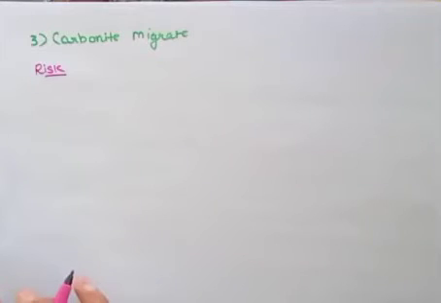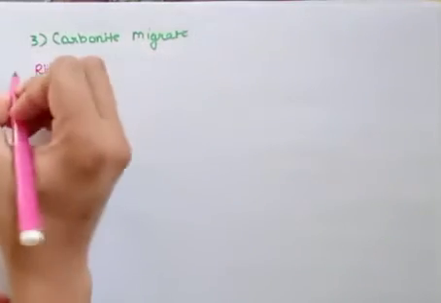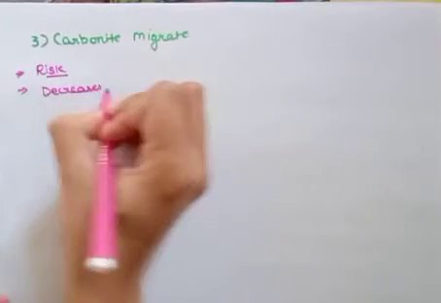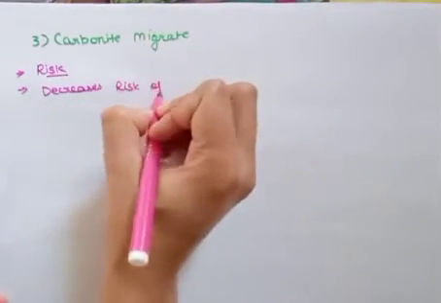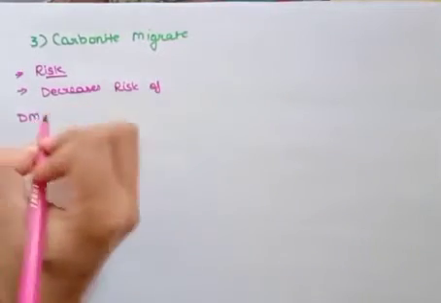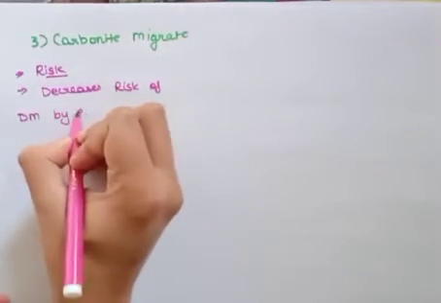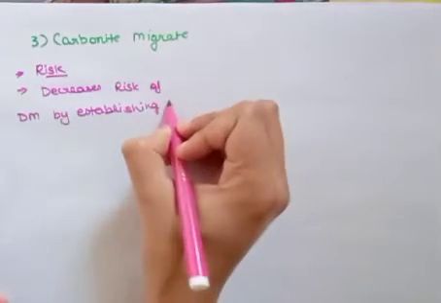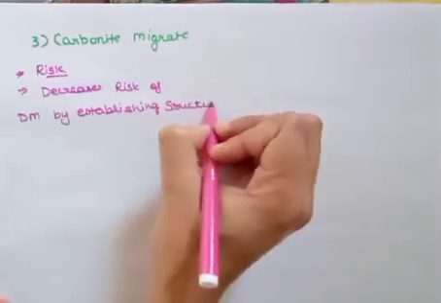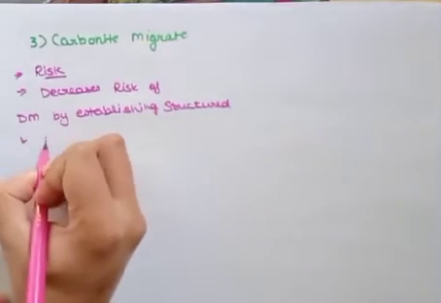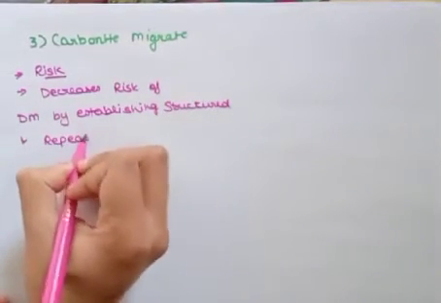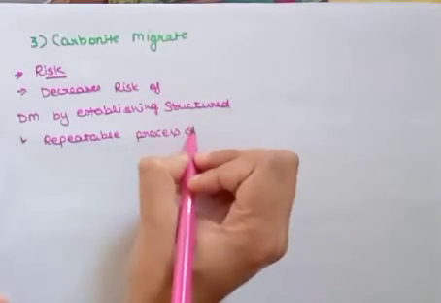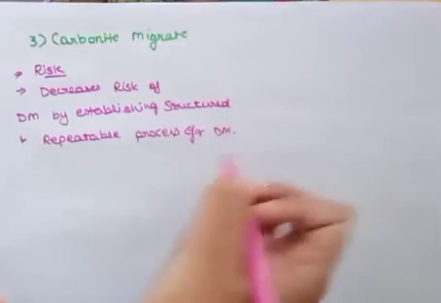So Carbonite Migrate decreases the risk of data migration by establishing a structured and repeatable process for data migrations, right?